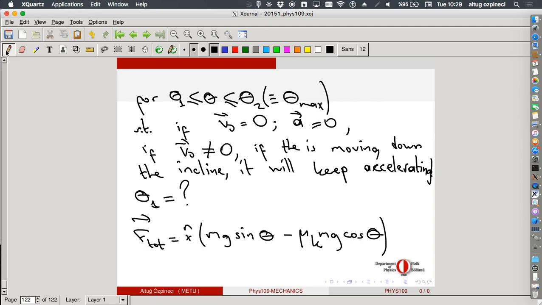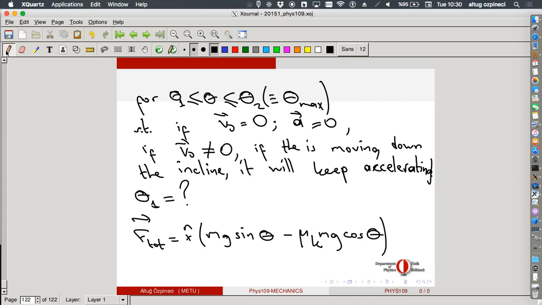Now, what will happen at theta equal to theta 1? What's happening here is we have this maximum angle, at which point, if I put my object, it will just stay there. It will not start sliding. But if I give it a push, well, it's not sliding because the component of the weight downhill is equal to the friction force, which is uphill. So they will balance each other, so there will be no acceleration.